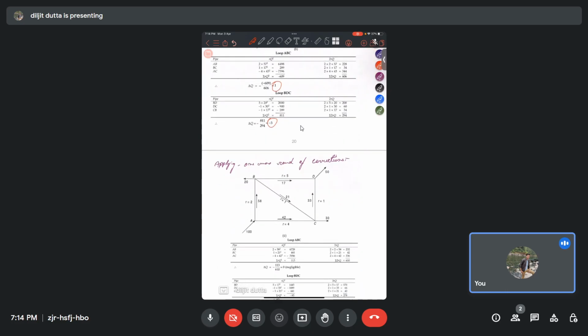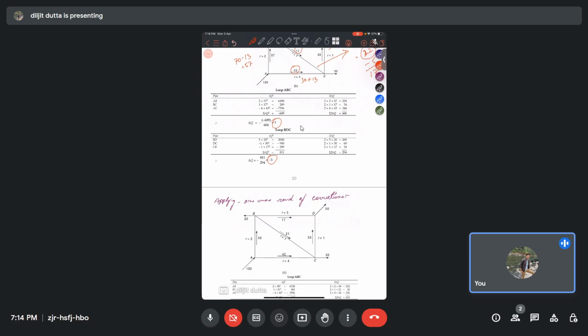So we do one more round of correction. Since it has come as positive for ABC, we'll add to AB and subtract from AC. For BC, it was 17, so 17 minus 1. It was clockwise, so we add 1, so it will be 18.